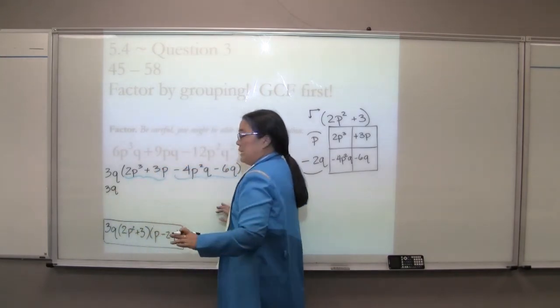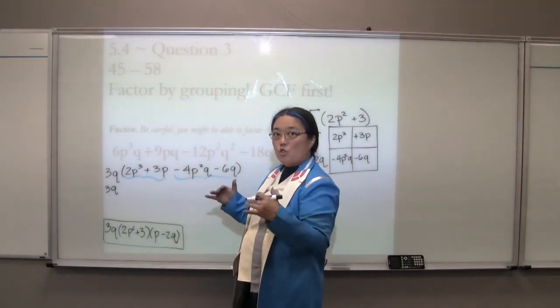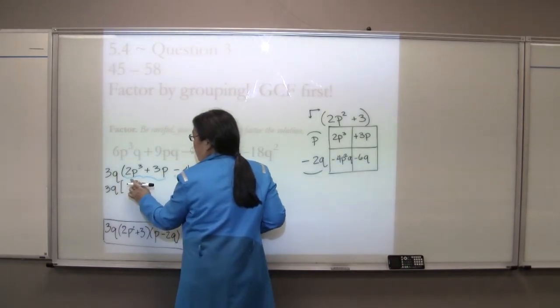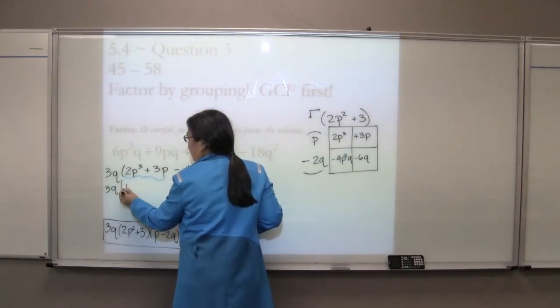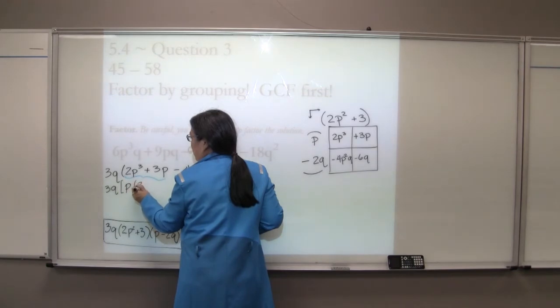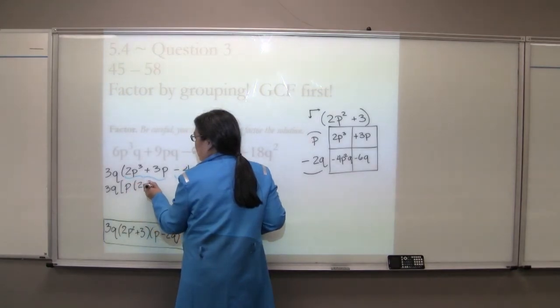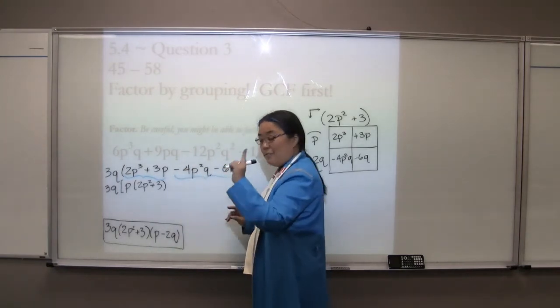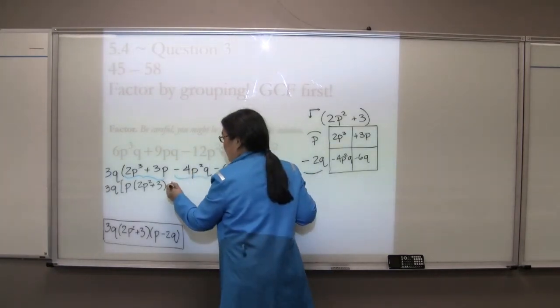We're going to be factoring things out, which means that we're going to create extra parentheses. So I'm going to want to use a bracket here, and then I can factor a p out, leaving me with 2p squared plus 3. Here, I have a leading negative. If I have a leading negative, I have to take the negative out.